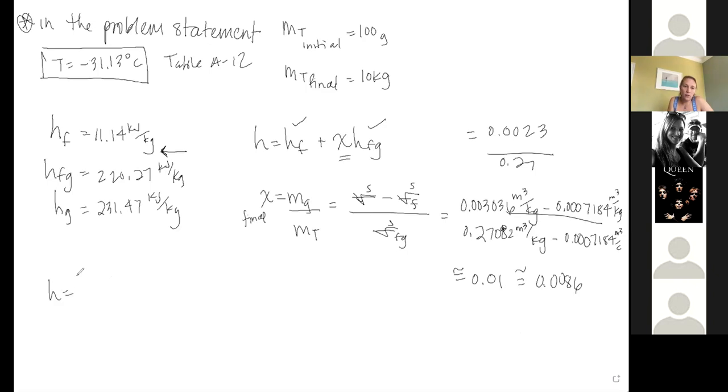We know that our enthalpy is equal to our enthalpy of our saturated liquid plus quality times enthalpy of our saturated liquid vapor. We know that the enthalpy of our saturated liquid is 11.14 kilojoules per kilogram. Our quality here is 0.009, 0.01, 0.0086. I wouldn't take off points for any of those. And then our enthalpy for saturated liquid vapor is 220.27 kilojoules per kilogram.